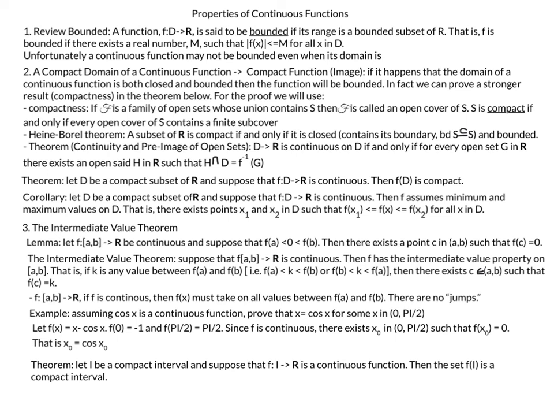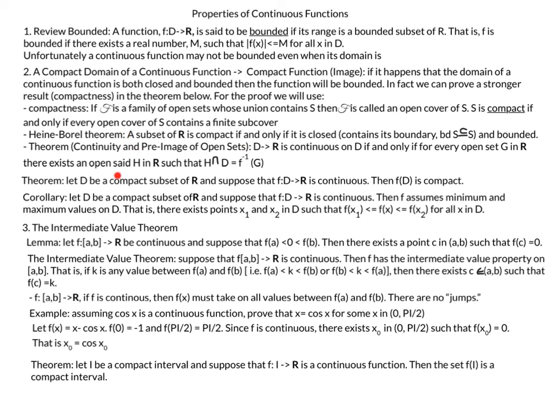So now we've covered the main topics of this video. We reviewed what it is to be a bounded function. We reviewed the definition of a compact set and also the Heine-Borel theorem, which gave us a way of easily determining if a set is compact. We talked about how, for a continuous function, the pre-image of any open set will also be an open set.